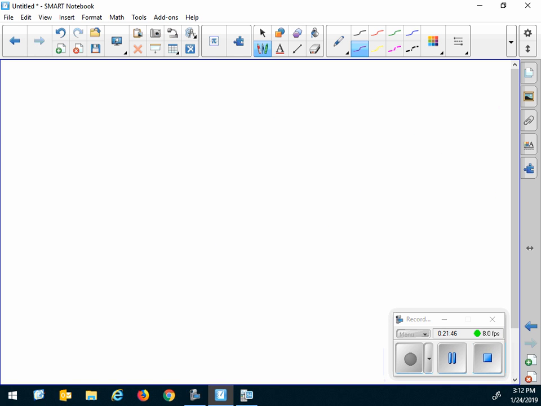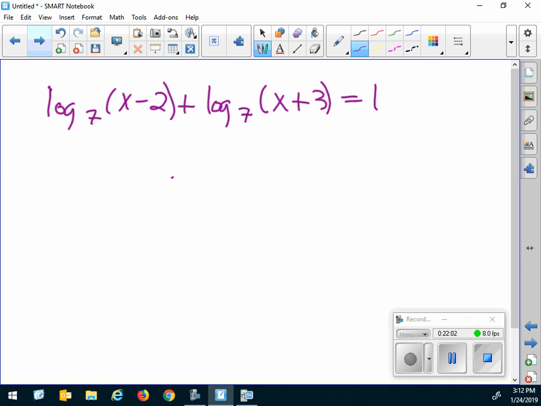Here we go. We're on C, right? Log base 7 of x minus 2 plus log base 7 of x plus 3 equals log base 7 of 14. Oh my gosh, I'm rewriting the problem.